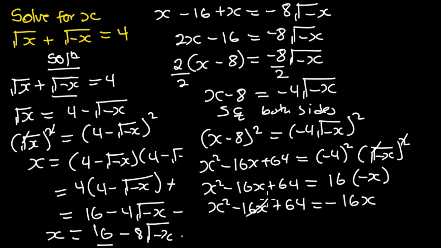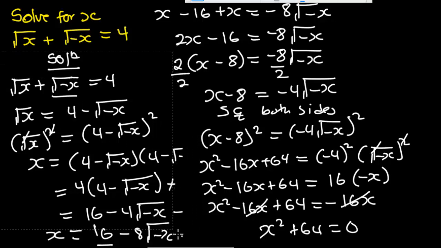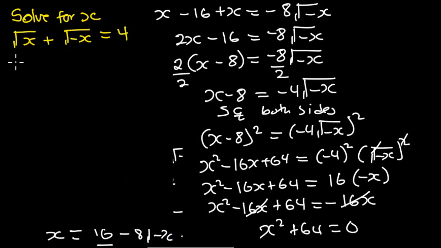Now from here, minus 16x will cancel out minus 16x. So you are going to be left with x squared plus 64 is equal to 0. Now we have x squared plus 64 is equal to 0.